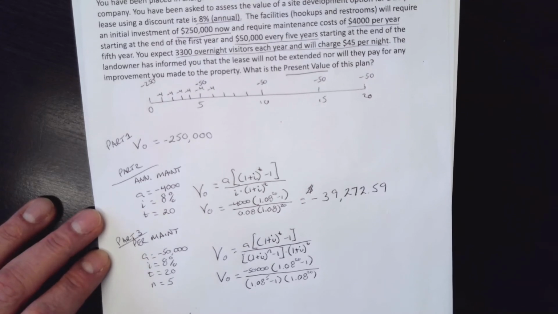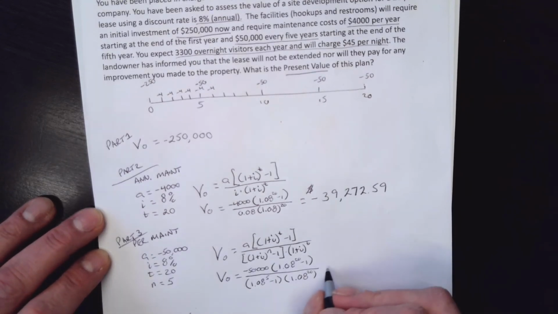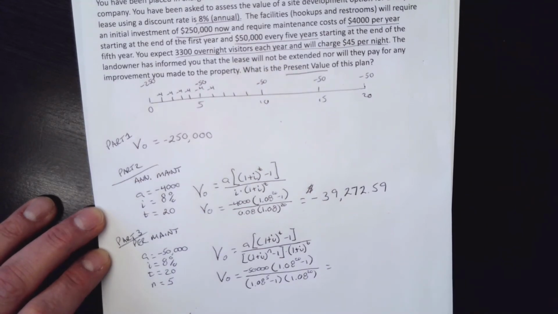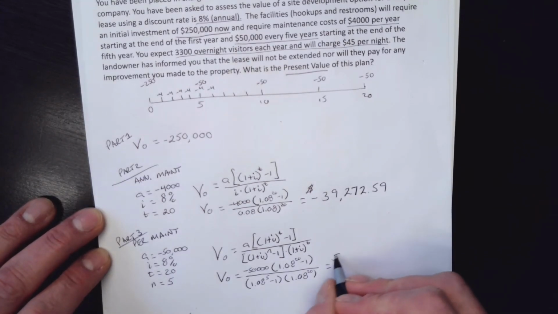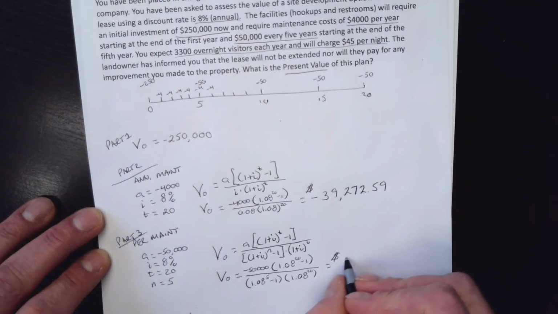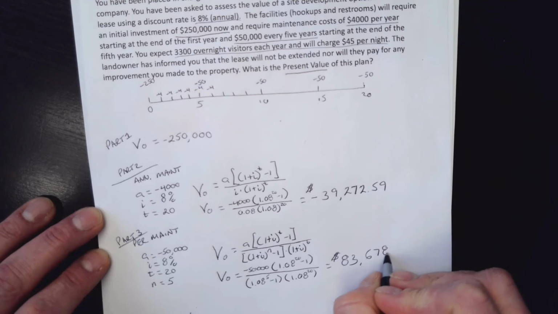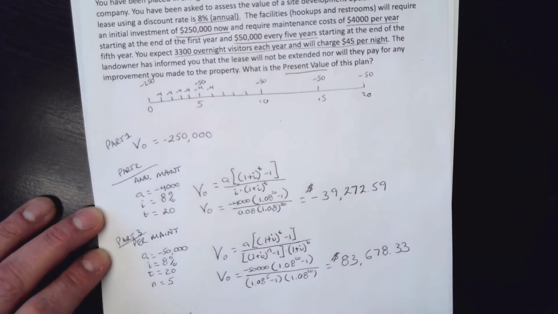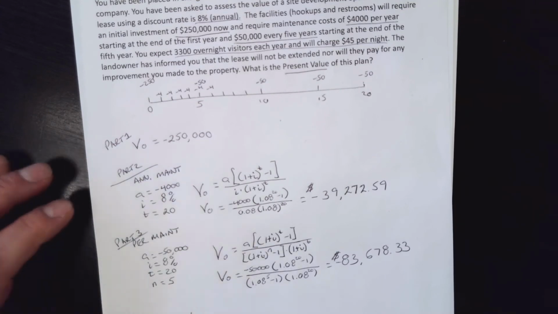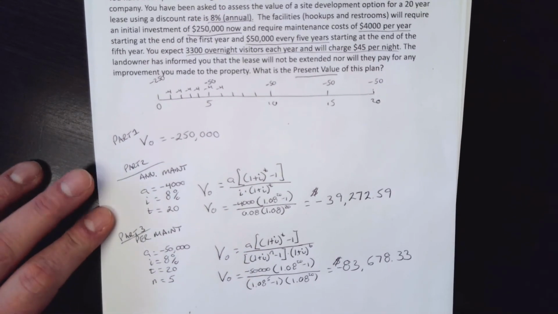Okay, again, you can pause it and see if you can make that work. It'll help you out on the test if you're good at getting these things right the first time. What I get when I do it is 83,678.33. And that's a minus, it's a cost. So those are my periodic costs.